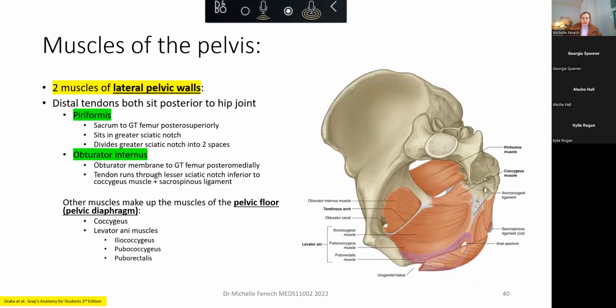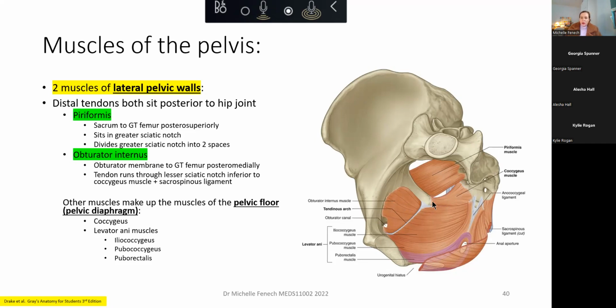So when we look at the pelvis, if we pretend we're in the midline of the pelvis and we're looking out to the walls of the inner pelvic basin, there's just two main muscles that I want you to appreciate. One's called the piriformis, this one, and one's called the obturator internus muscle, this one.